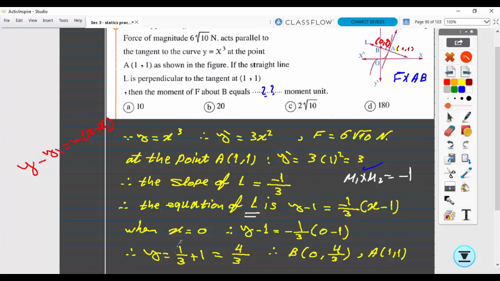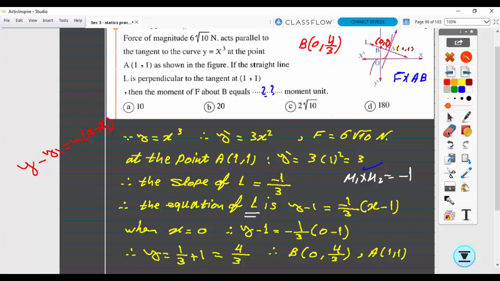So y equals 1/3 plus 1, which means y equals 4/3. So the coordinates of the point B is 0 and 4/3.